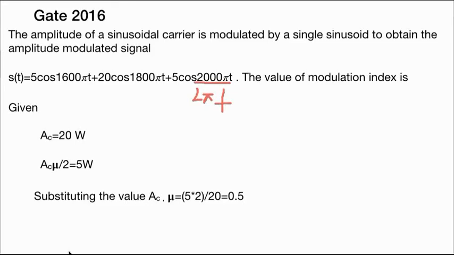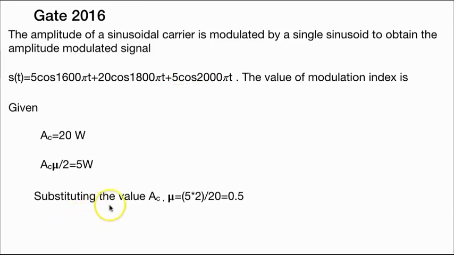So 900 lies in the middle. As a thumb rule, what lies in the middle of the total spectrum is our signal at the fc frequency. So 900 is the fc frequency, and this is one sideband and this is another sideband. From here we can observe that AC is 20 watt and AC mu by 2, the amplitude of the sideband, is equal to 5 watt.